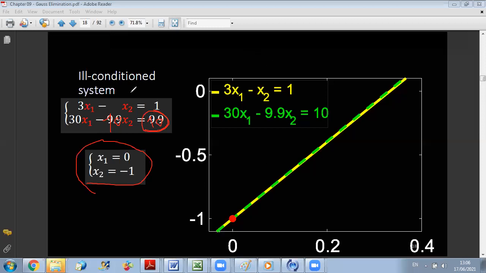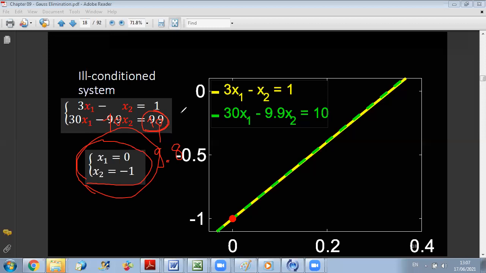Why do we call it an ill-conditioned system? Because if I put 9.8 instead of 9.9, I will get a very different result from this one. So I cannot trust my result with 1% uncertainty, and this will cause a problem for me.